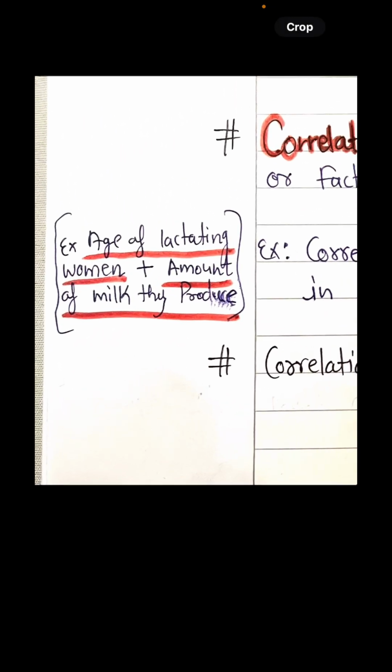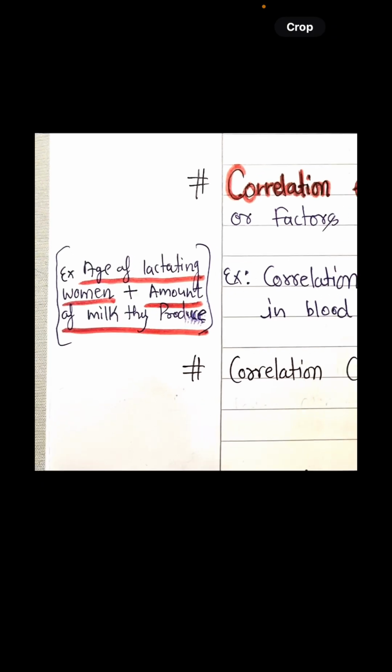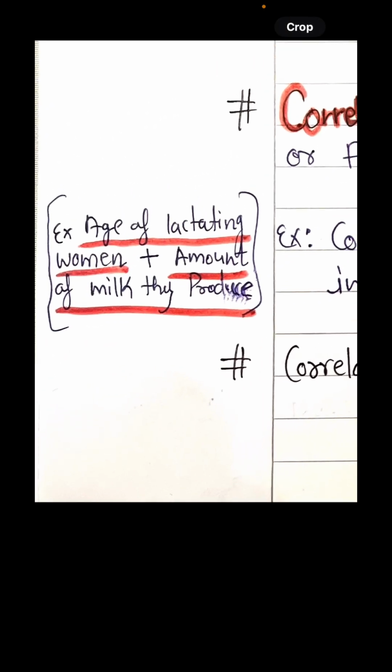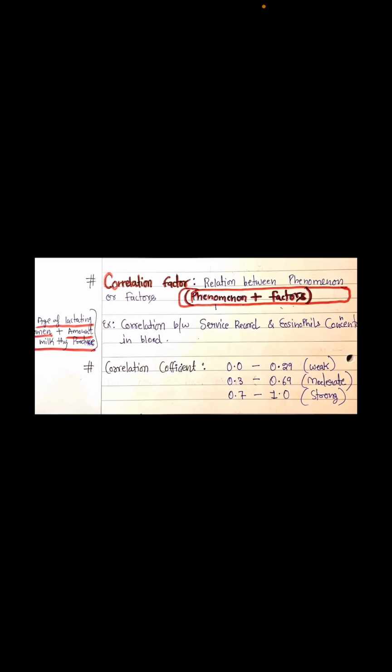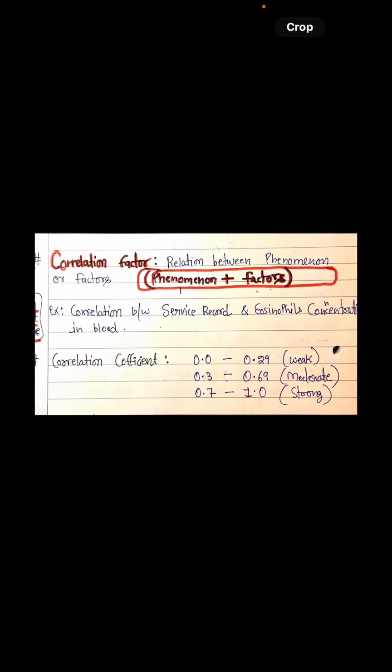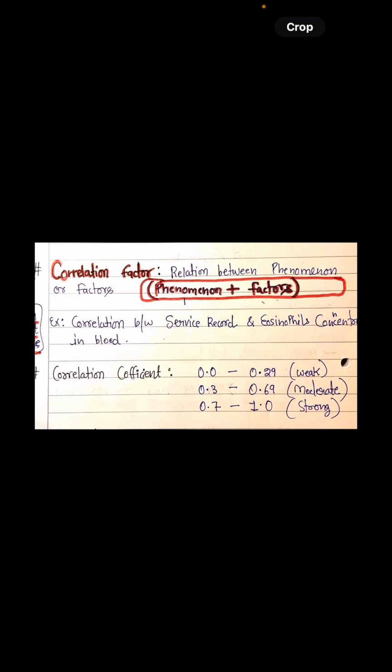Another example: the age of a lactating woman is a factor, and the amount of milk they produce is a phenomenon. So the correlation factor is the relation between the phenomenon and the factor. Also there are some values required. If you can remember, it's good. If you cannot remember, the values are not so important.